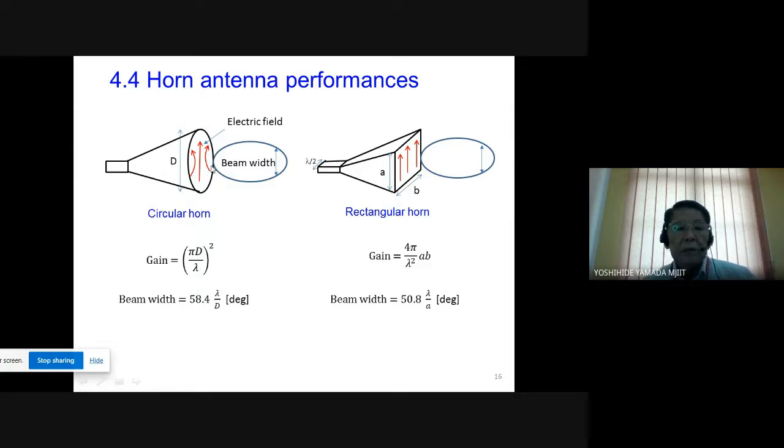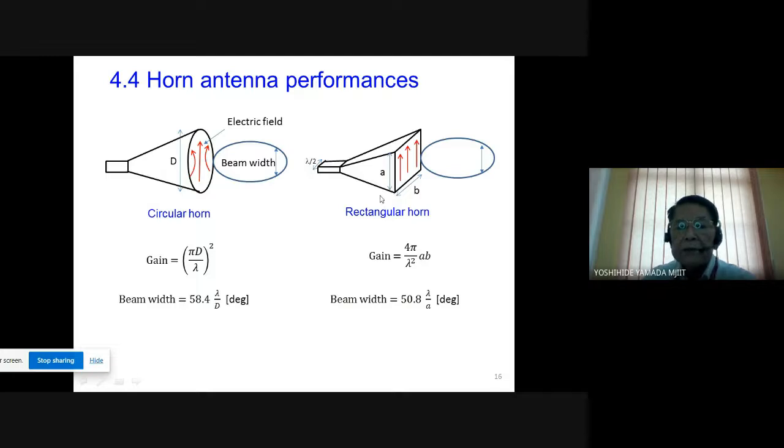The antenna gain is determined by this. If the horn diameter is D, then the gain is pi D divided by wavelength, to the power of squared value.